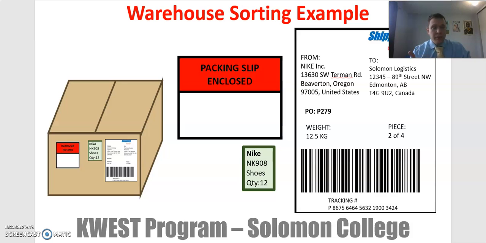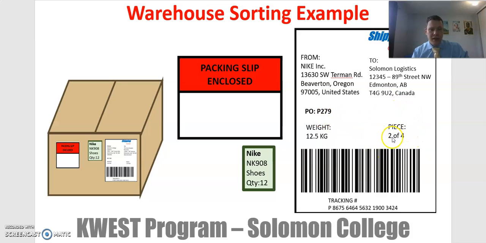First, you'll look at the shipping label to see that it's coming in from a certain supplier. You'll check the to address to make sure it has actually been sent to your warehouse location. And then you'll look at maybe a special instruction like the purchase order number and the piece count.